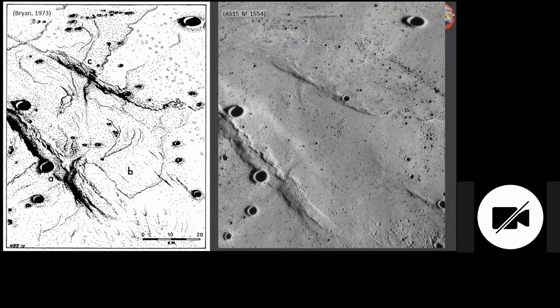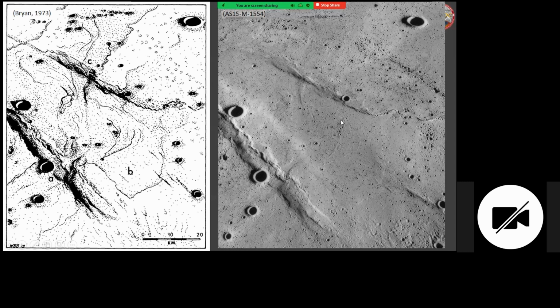Brian had suggested that the lava flow broke through here and pooled a little bit right here, but then pushed through over the wrinkle ridge, continuing on into the center of Mare Imbrium.